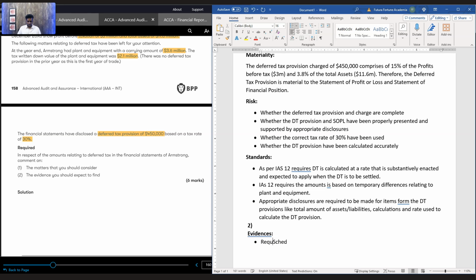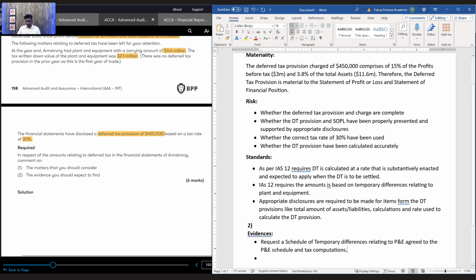So request a schedule of temporary differences relating to plant and equipment, agreed to the plant and equipment schedule and tax computations.